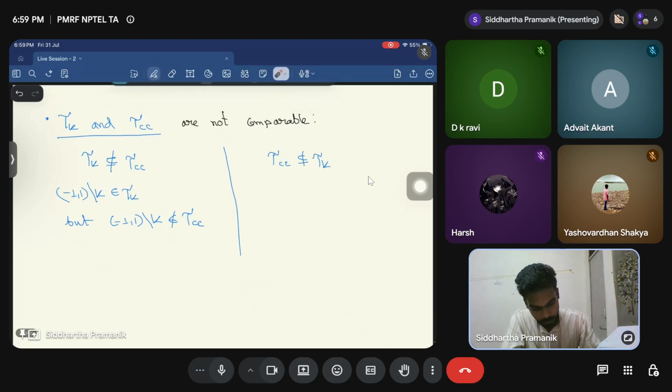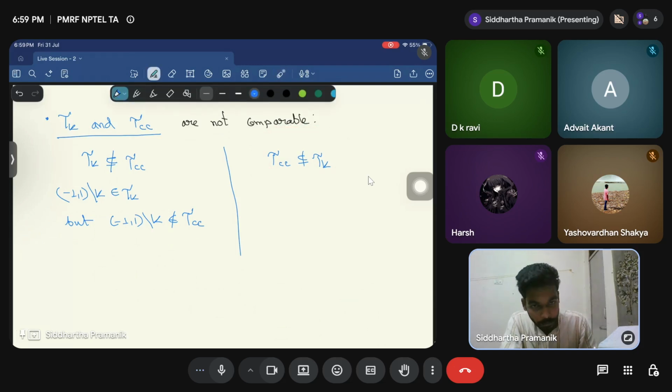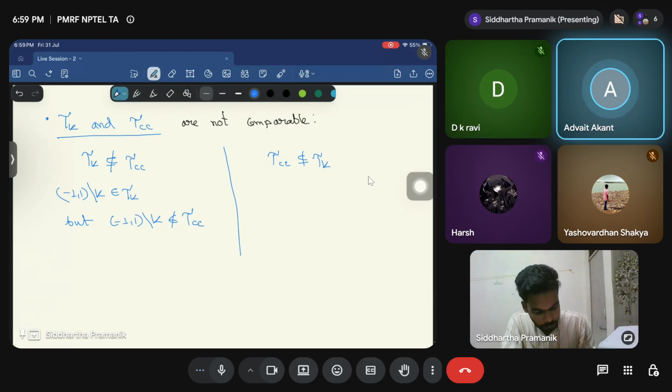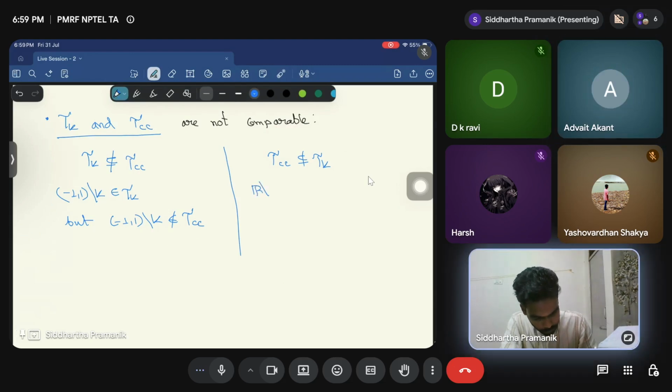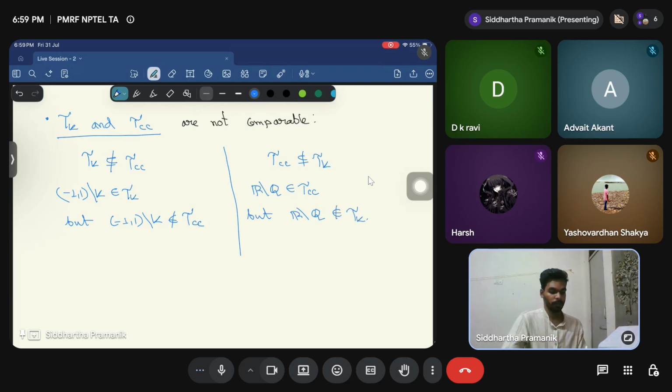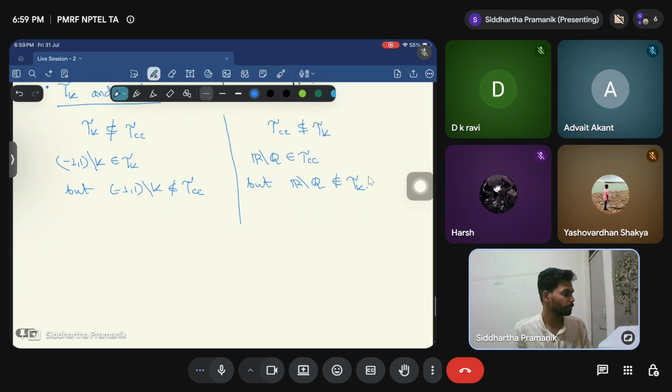Now what about the other part? The irrational numbers are in the co-countable topology. So R minus Q is in the co-countable topology, but it is not in the K topology, as we have already shown. So these two topologies are not comparable.